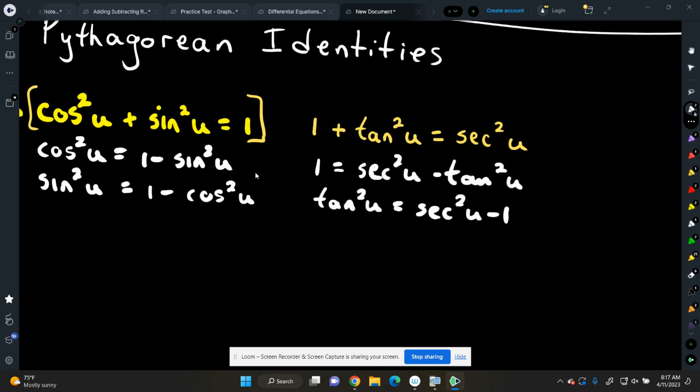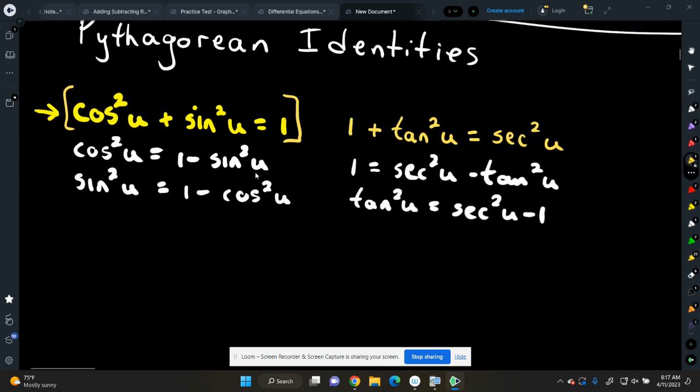Okay, so let's use the same type of reasoning. Let's divide that original Pythagorean identity. This is the one everyone's expected to know right off the top of their head. Instead of dividing everything by cosine squared, let's divide everything by sine squared. And what would we get?